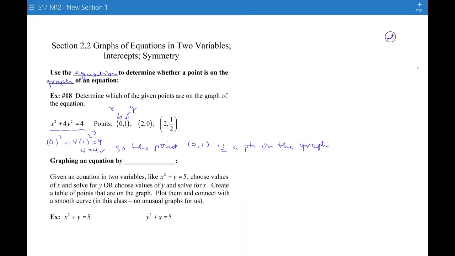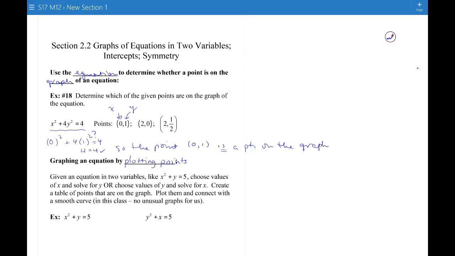So if we graph an equation by plotting points, you might have to do a lot of them to see what the shape is. So you'll see that a lot of the other things we do in this chapter will be so that we don't have to do it by plotting points. But sometimes it can give you an idea of what the graph looks like if you plot a few key points. So if you're given an equation in two variables like x squared plus y equals 5. Notice this one is not linear because the x is squared.